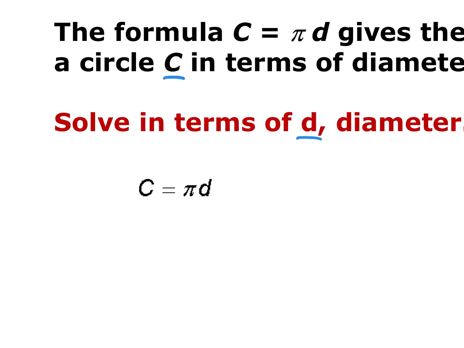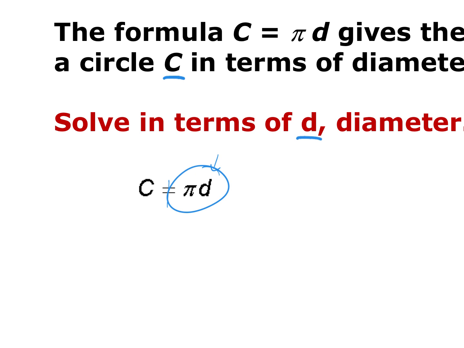So first step we want to do is locate the variable. Our variable is d, right? And now we want to identify what operations are being done to it. So on this side of the equal sign, with the d, what's that pi doing to the d? It's multiplying it, right?